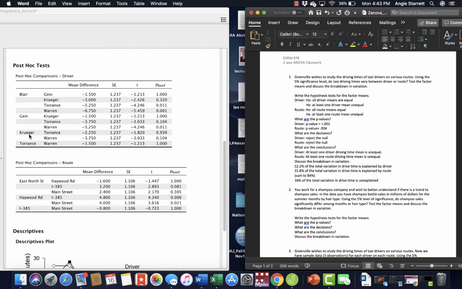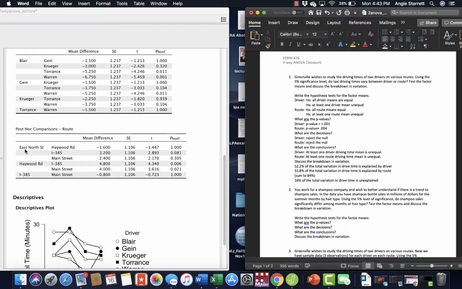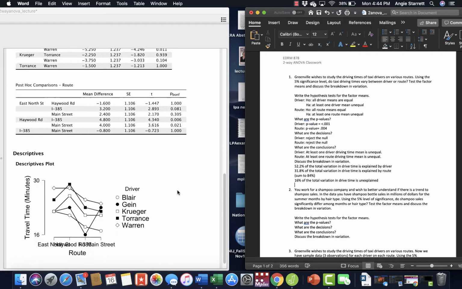Kruger and Torrance, with a p-value of 0.939, do not significantly differ. The same for routes. East North Street and I-385 have a p-value of 0.081, so they do not significantly differ on mean drive times.